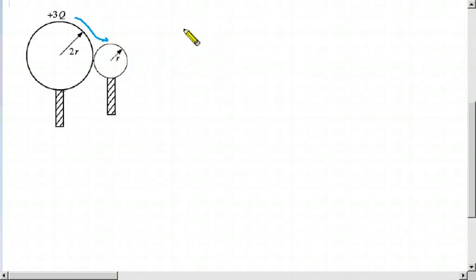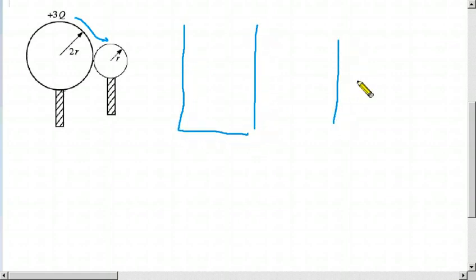So imagine that there are 2 water tanks like this, connected by a horizontal tube. So there is a valve.